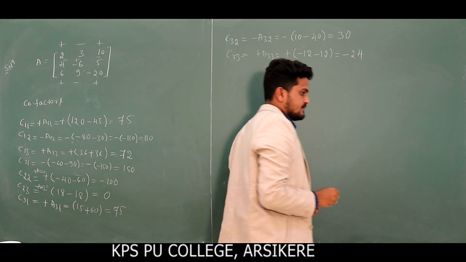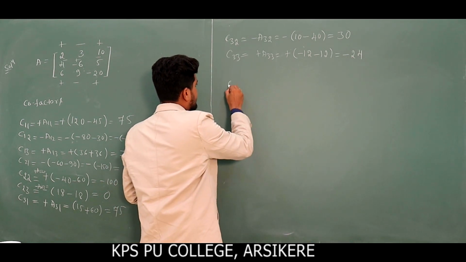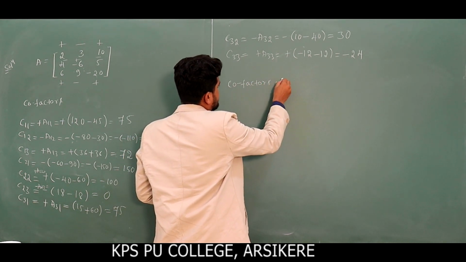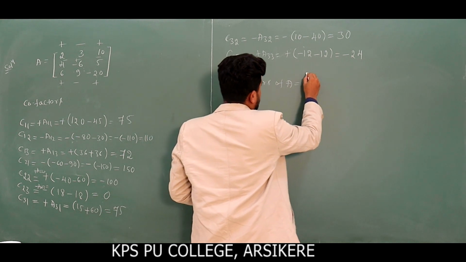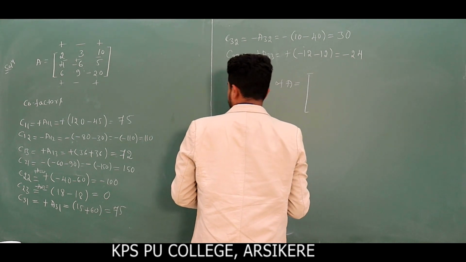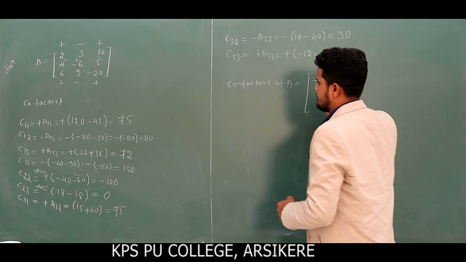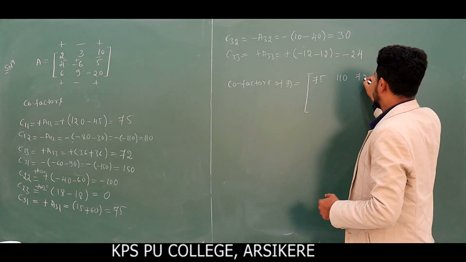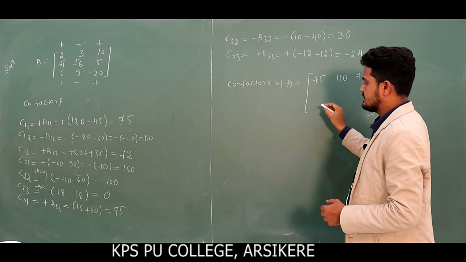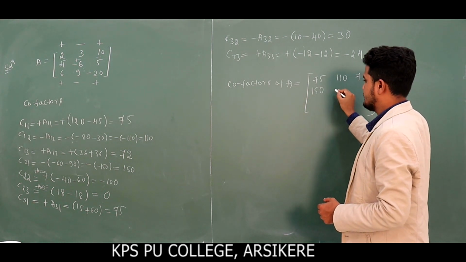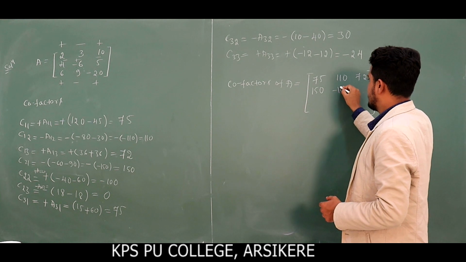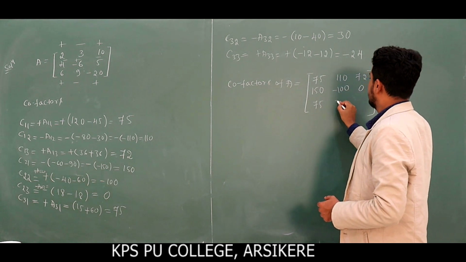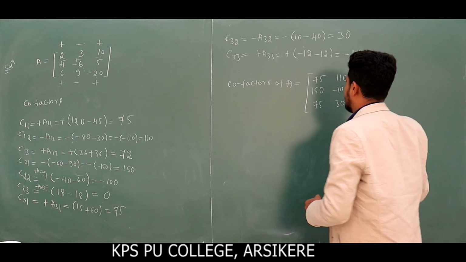Therefore, the cofactors of A are: 75, 110, 72, 150, minus 100, 0, 75, 30, minus 24.